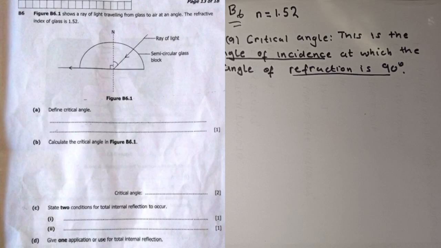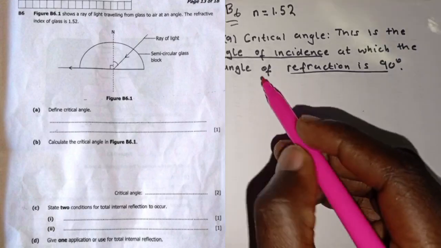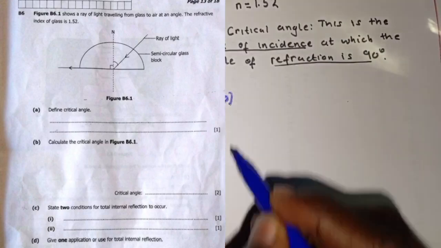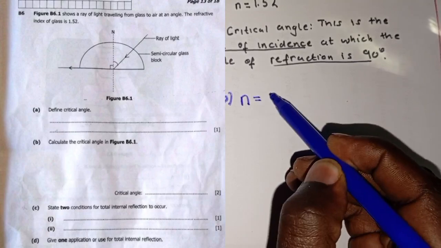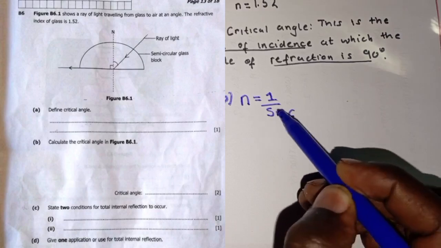And this question is just one word mark. Now calculate the critical angle. To calculate the critical angle, we use the refractive index formula: refractive index is equal to 1 over sine C, where C is the critical angle.